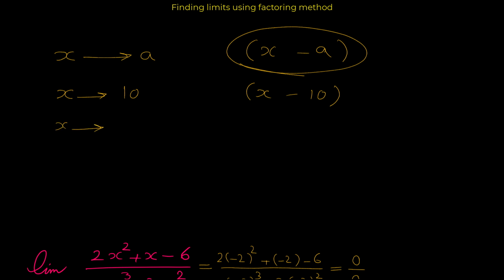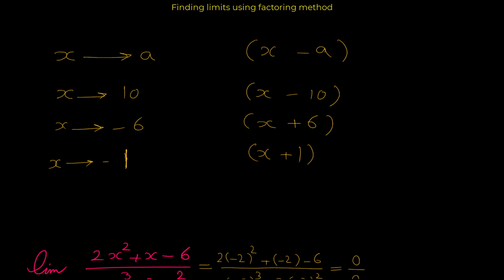If x approaches, let's say, negative 6, what do you think? X minus negative 6, so x plus 6 is the expression that cancels. What if x approaches negative 1? X minus negative 1, so x plus 1 is the expression that cancels.